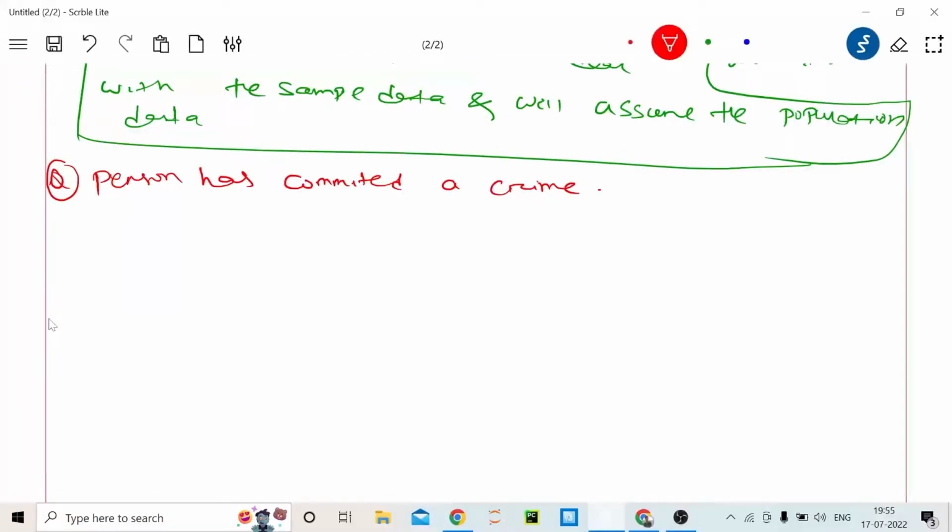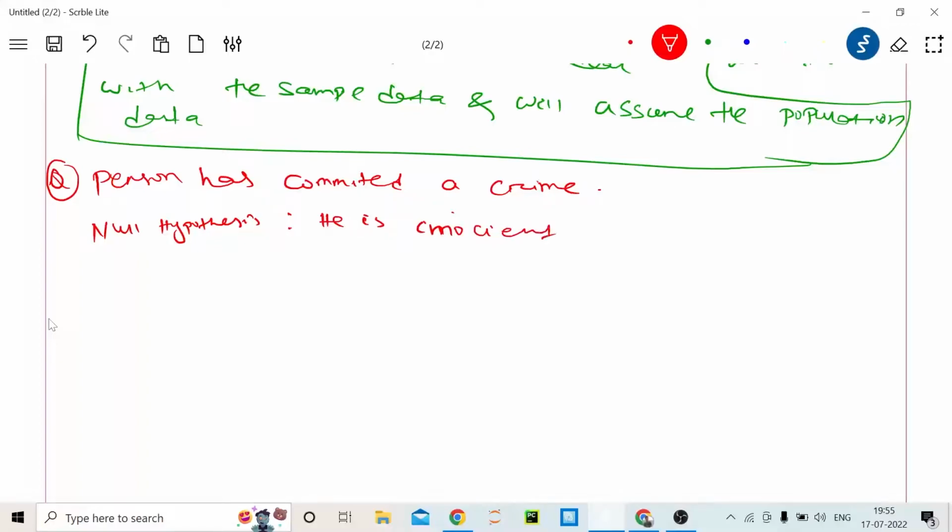In hypothesis testing, we always consider a null hypothesis and an alternative hypothesis. In this case, the null hypothesis is that he is innocent.